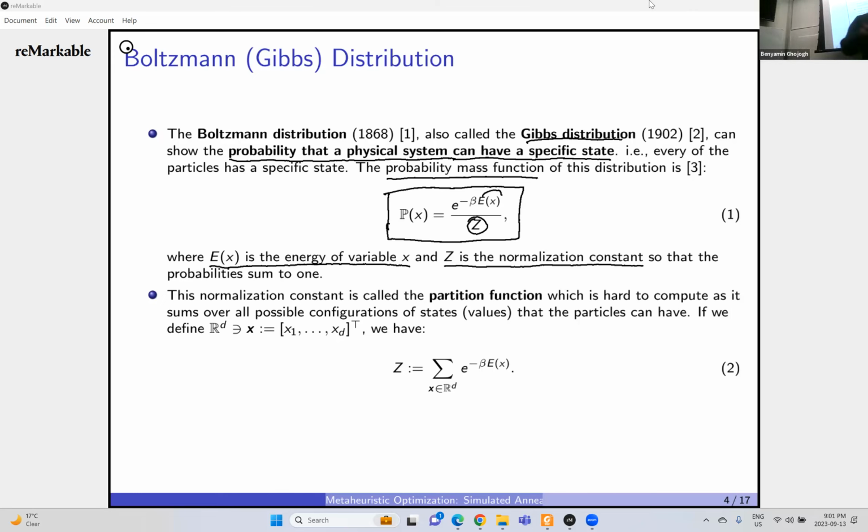When I have a bunch of numbers, I want them to behave like a probability. Forget the Boltzmann distribution. I have a bunch of numbers, can be any value, can be 1 million, can be 10. I want this bunch of numbers to behave like a probability. One technique is what?